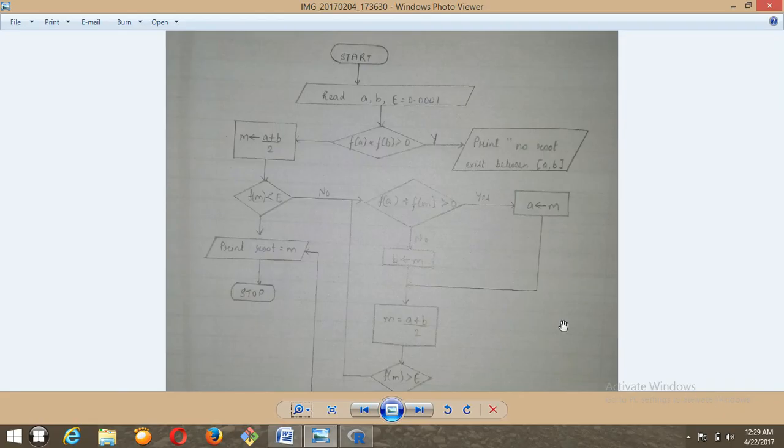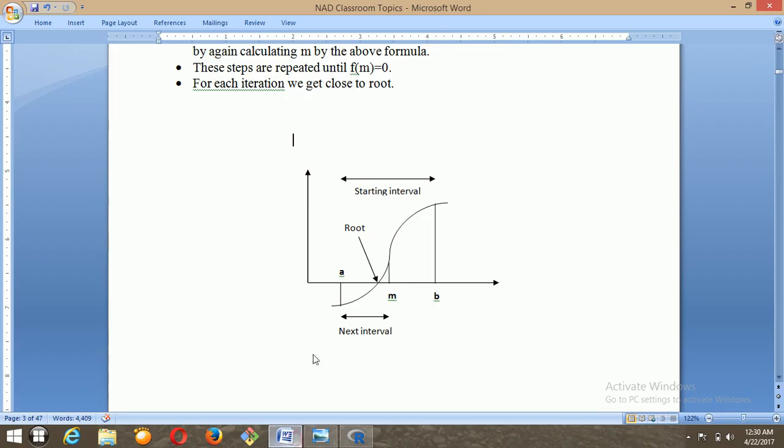Let us have a look at the flowchart of the bisection method. Here we are reading two numbers, that is the initial interval from the user, and we are checking whether the interval is such that it occurs at either side of the root, that is, a and b fall at two different locations and the root is in the middle.